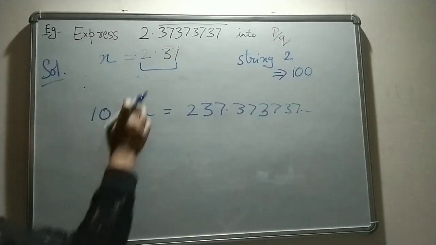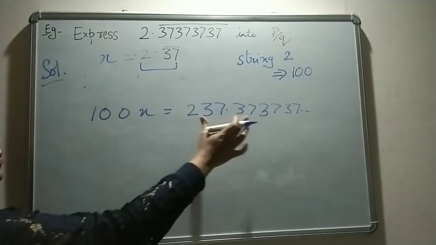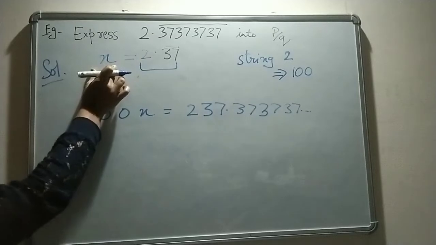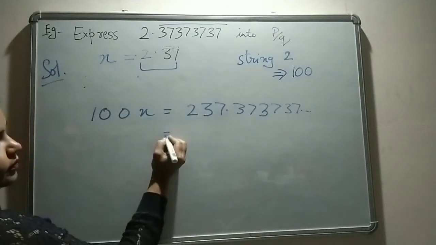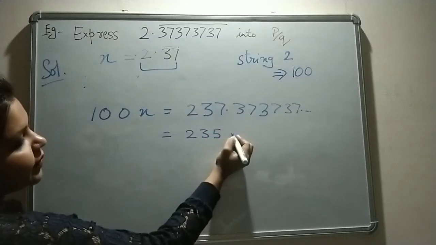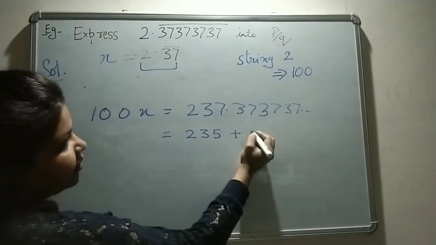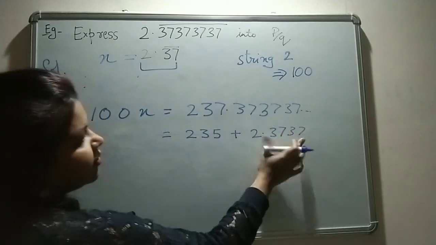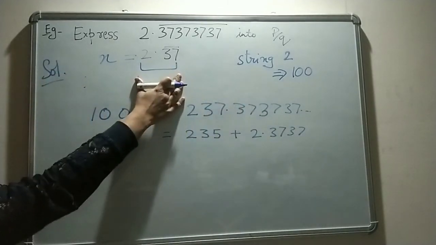What number should be subtracted so that we can easily get x? 235 can be written as 235 plus 2.3737, which is our value of x.